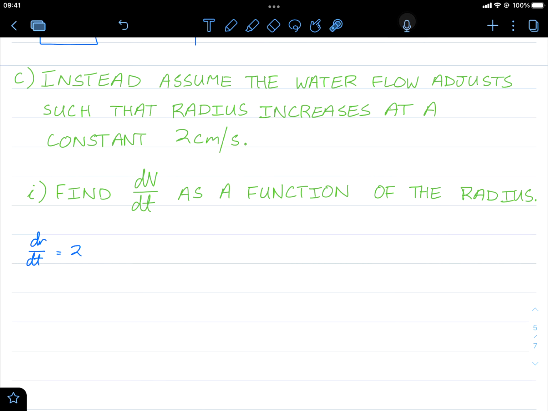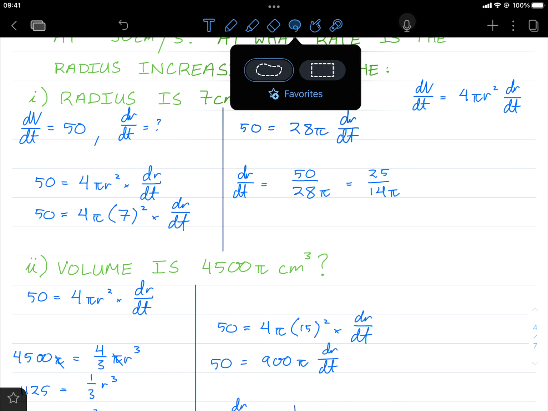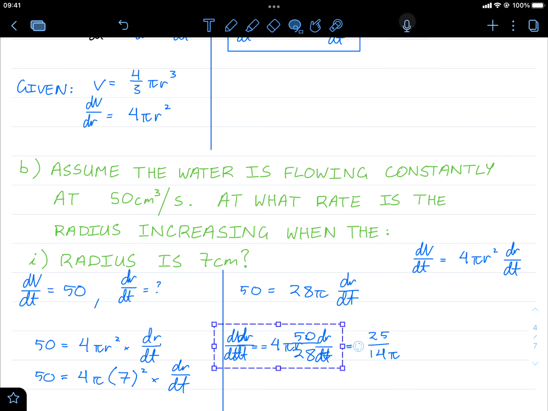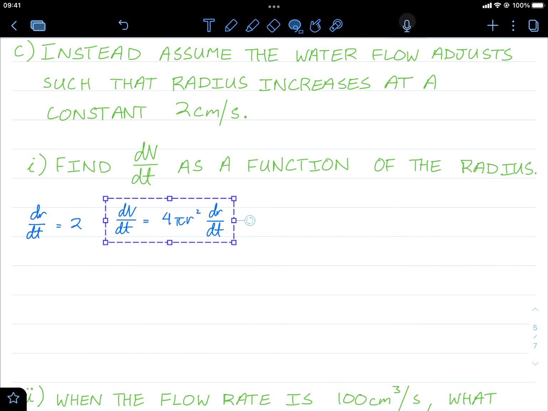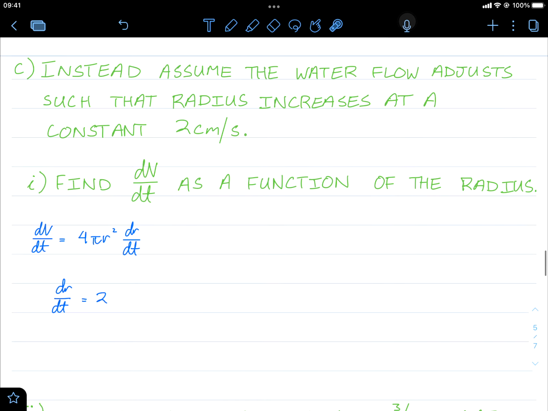So now, let's grab this expression here. We're now going to initially use part A, but in this particular question, we're being told what dr on dt is, which is going to be 2.